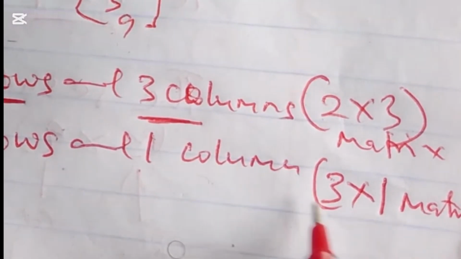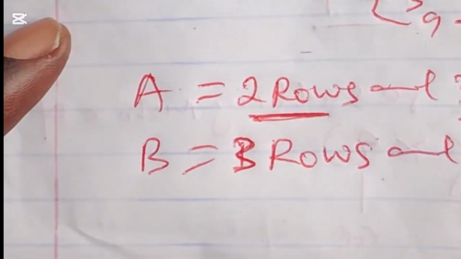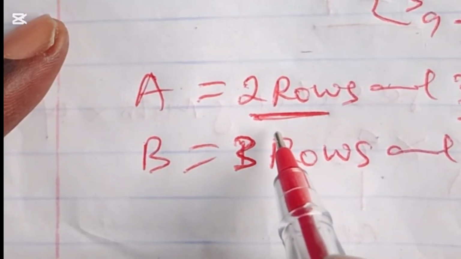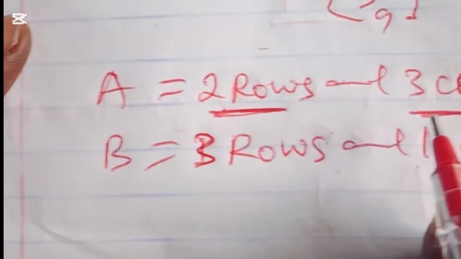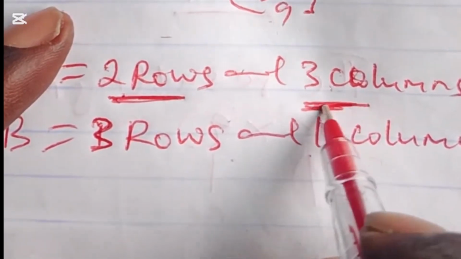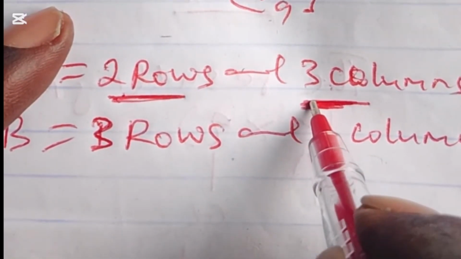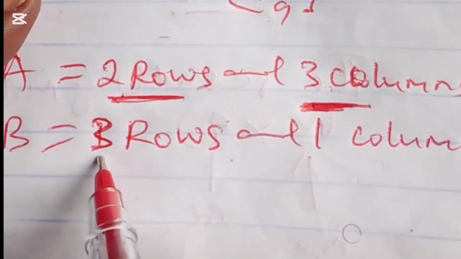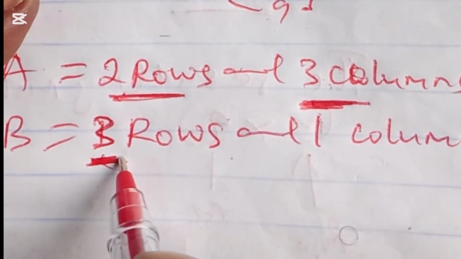The first thing you check is that the number of columns of the first one must be equal to the number of rows of the second one for you to multiply them.